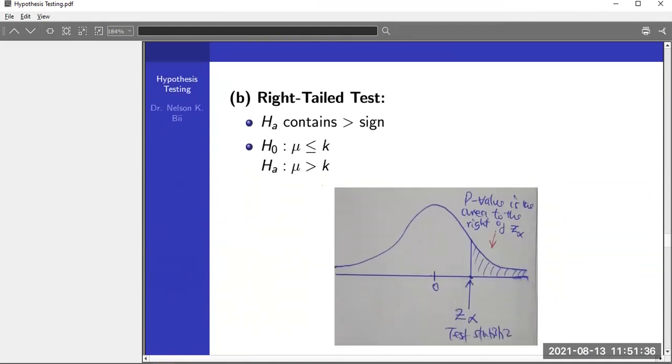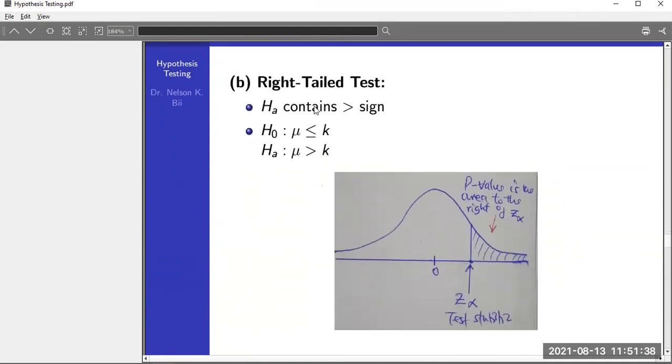Next, the right-tailed test. That is when the alternative hypothesis contains the greater than sign. If you are given that the alternative hypothesis contains this sign, then without being told what H naught is, you should know that it is the opposite, meaning less than or equal to a certain value K, where K is a constant.